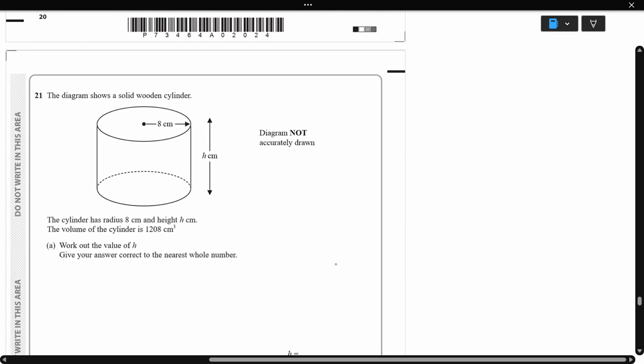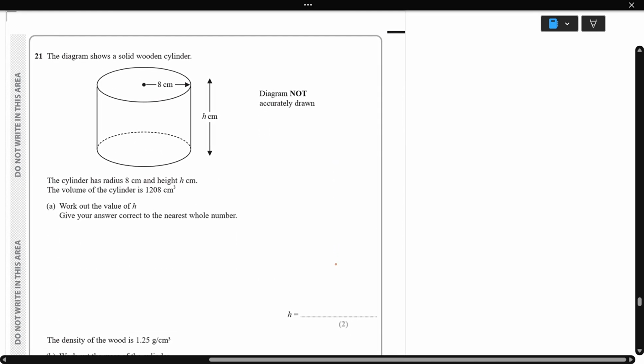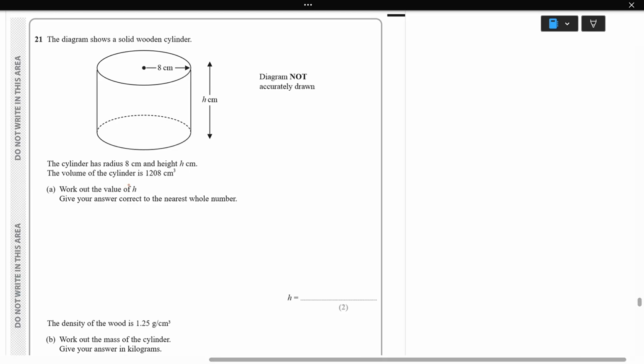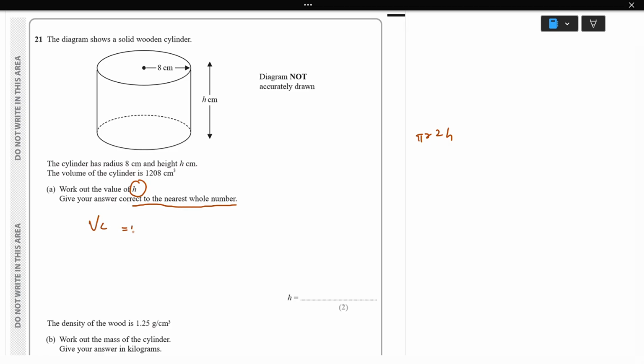Next, question 21. The diagram shows a solid wooden cylinder. The cylinder has a radius of 8 centimeters and the height is h. The volume is given. Work out the value of h. The final answer should be to the nearest whole number. The volume of a cylinder formula is pi r squared h.